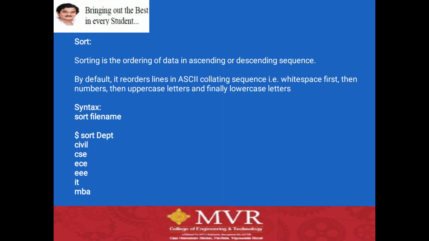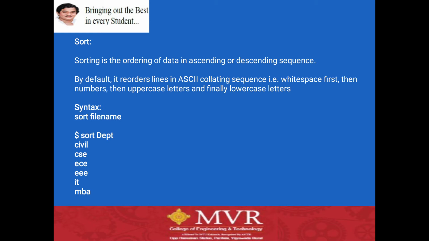Sorting is nothing but arranging something in some order, like ascending order or descending order. So in Unix, the sort command will arrange the given file in ascending or descending order. Generally, the sort command reorders the lines in ASCII collating sequence.